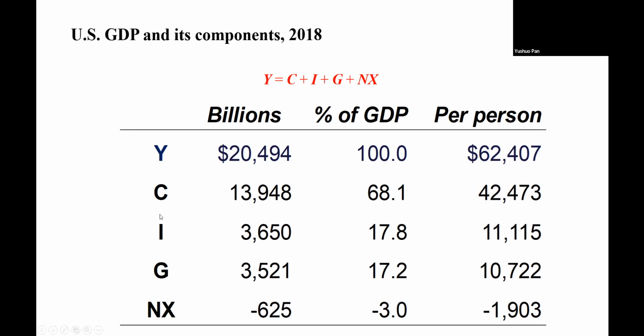So it includes C, consumption, investment, G, and net export. We can see that the US imports more than exports, right? Because net export is negative. And the portion of GDP, and that's per person.